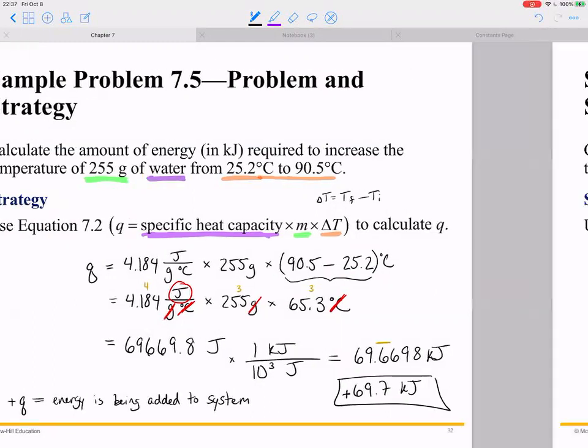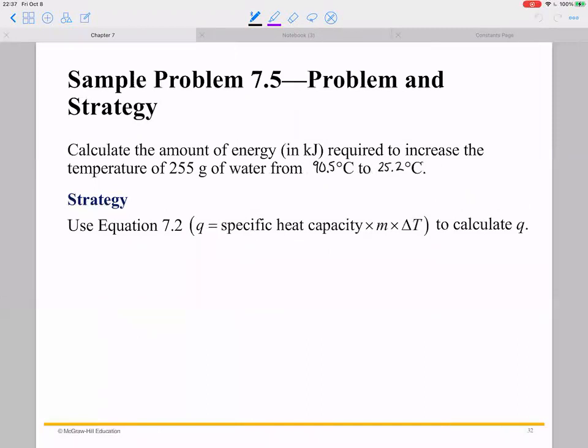I could do the exact same problem, but kind of in reverse, where I'm figuring out how much energy for 255 grams of water going from 90.5 to 25.2, right? So going the opposite direction.